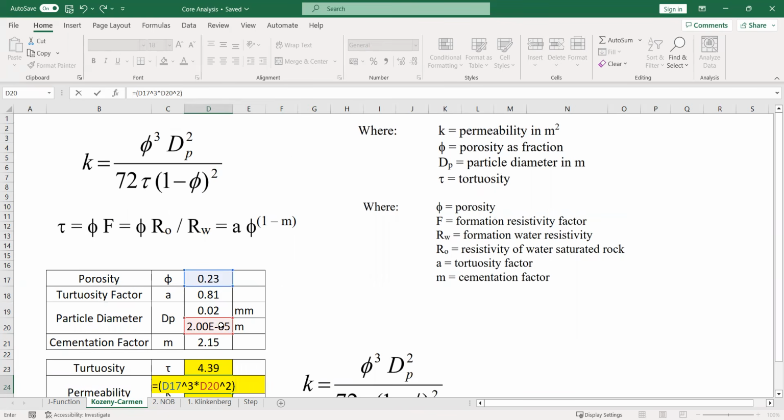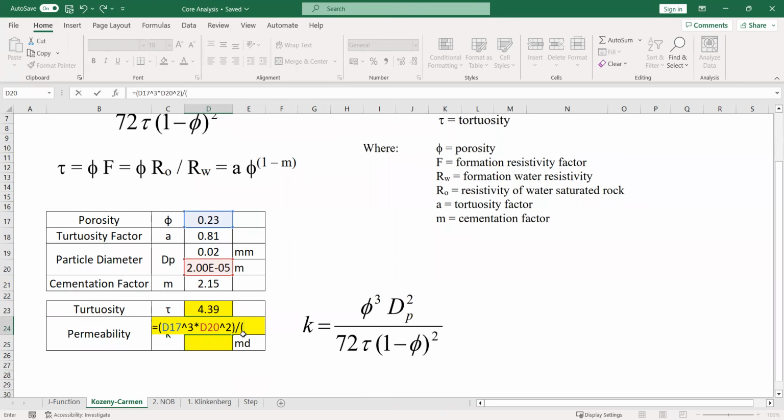All right, and then all of them divided by 72 multiplied by the tortuosity factor, and then multiplied by, open parenthesis again, 1 minus porosity, squared, and close the parentheses. So this is the value, 2.6e to the power of minus 14. All right, but it's in meter squared.